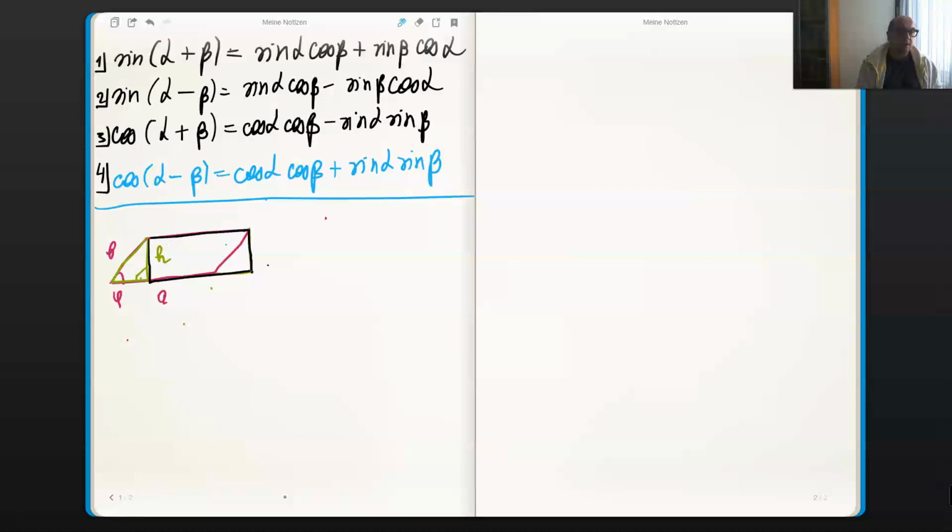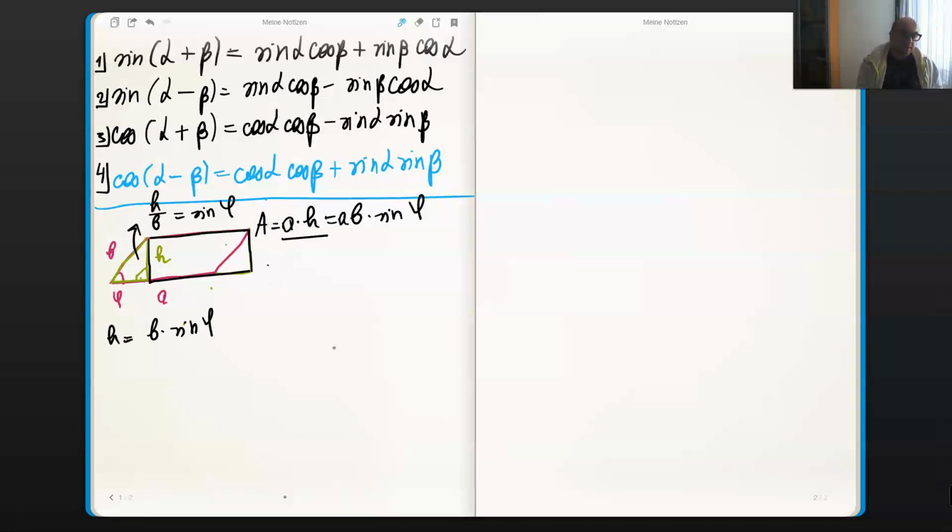So that means we have here a times h, but at the same time, if you look at this right angle triangle, you see that h divided by b is the sine of phi. So that means h is equal to b times the sine of phi. So I can substitute h through b times the sine of phi, and a of course in front. So that is the formula for the area of a parallelogram.